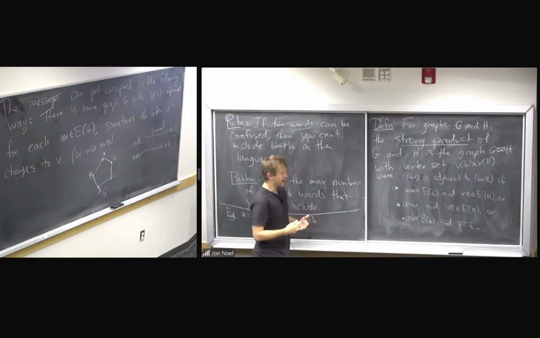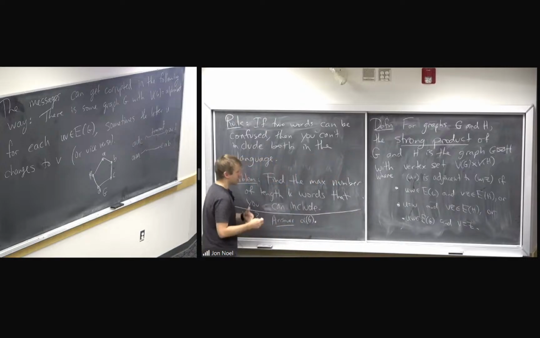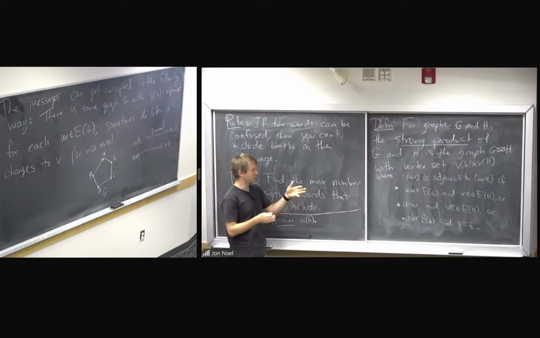These three conditions are encoding the idea that we're talking about. And more generally, if I apply this product over and over, it encodes words of length k that can be confused.